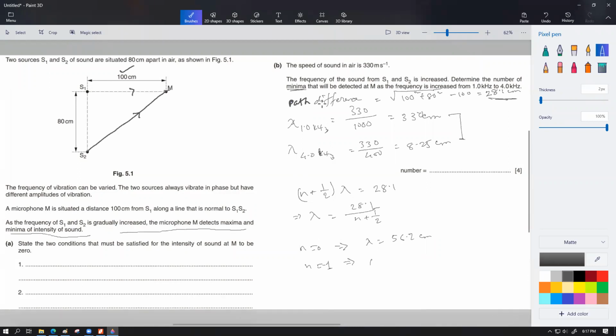Kids, help me. 28.1 divided by 1.5. How much do you get? 18.73. 18 point, and then whenever you place n equals 2, 28.1 divided by 2.5, 11.24.